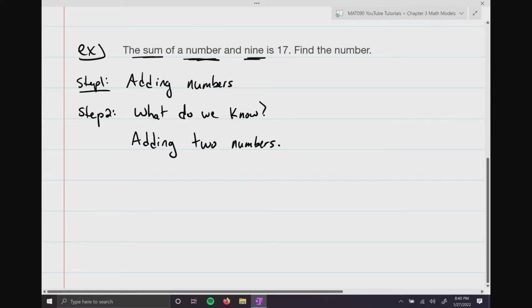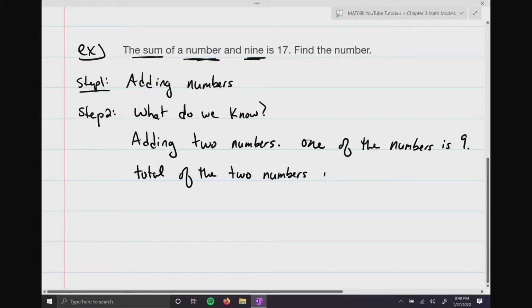So we also know the second number. One of the numbers is 9. So we know that. We also know the total. The total of the two numbers is 17.